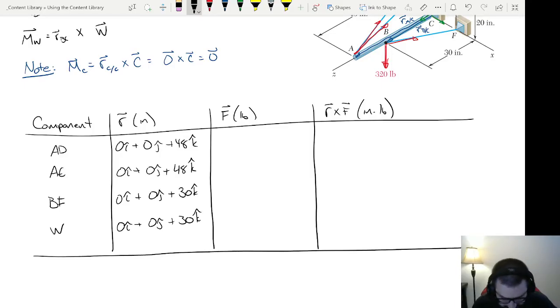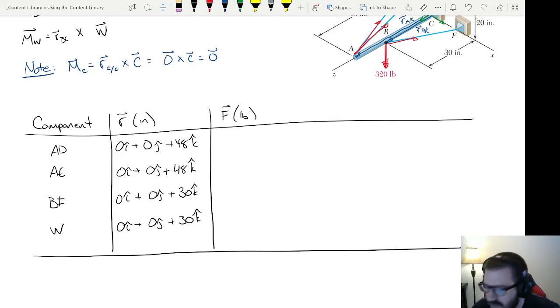Okay, for the F vectors, let's go back and make sure we're being diligent here. Maybe what I'll need to do, let me erase this because I don't want to squunch this. I want to do this well. So for the first one, we have T1 times -5/13 I plus 0J minus 12/13K.